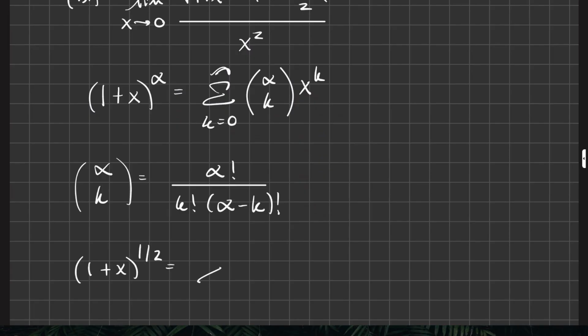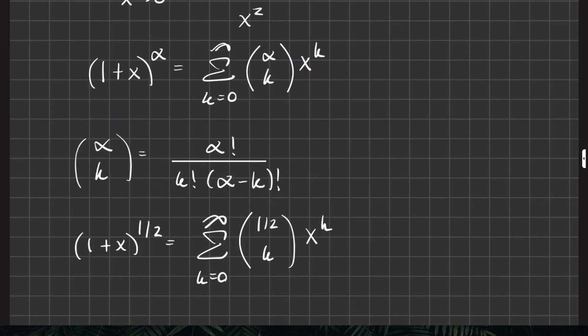So this would be the series from k equals 0 to infinity of 1/2 choose k times x to the k. And so this is the series that they're invoking for this problem.